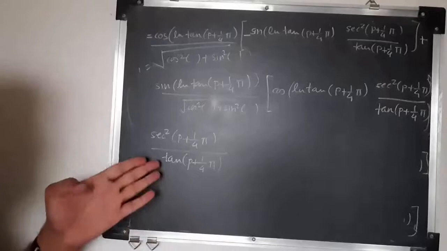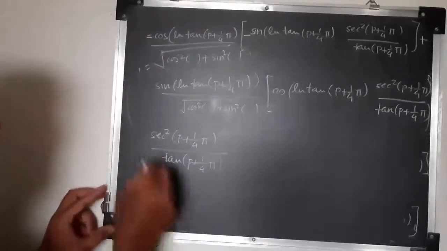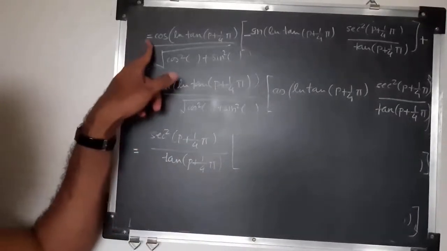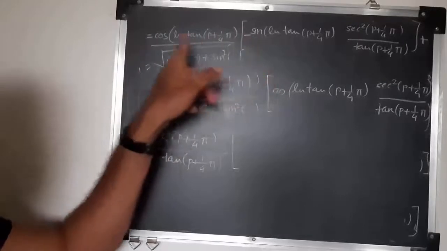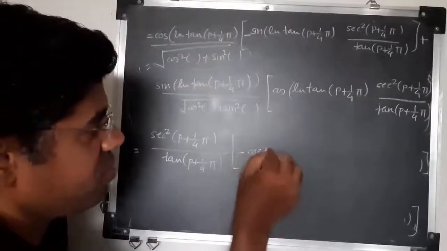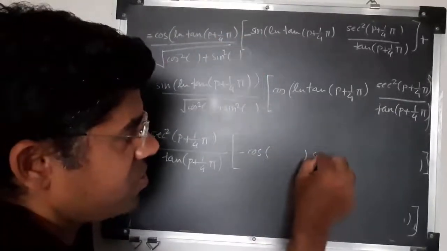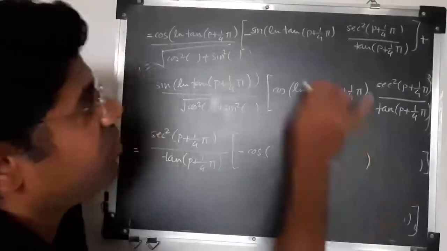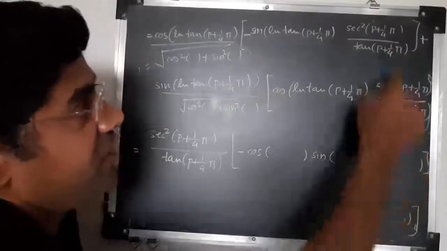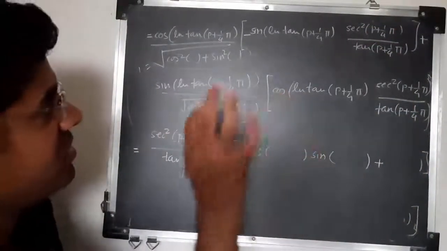Okay, this we will again write in terms of sine and cos, and one term goes. So this is equal to, what is inside? Cos. So this is a minus term. Multiply this term inside. So this is minus cos into this whole bracket into sine into this whole bracket, minus sign we have taken here, plus, already we have taken this outside, this is sine, this is cos.